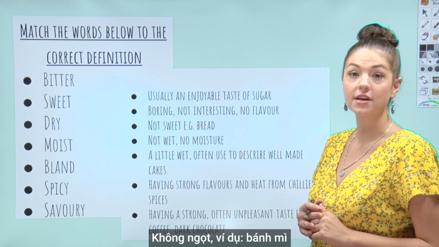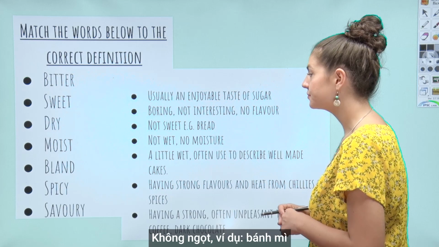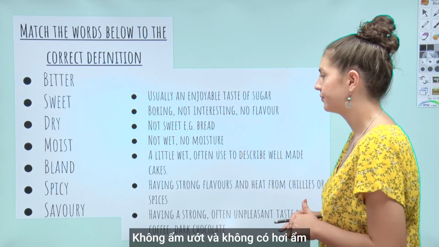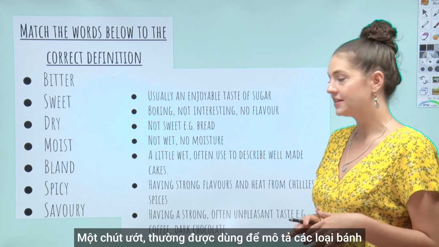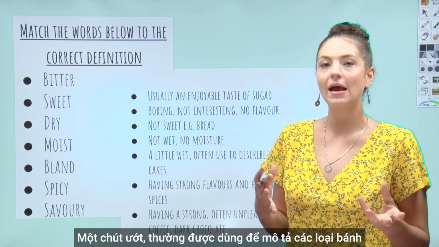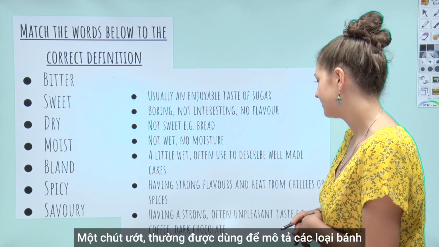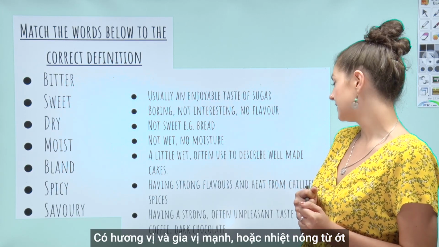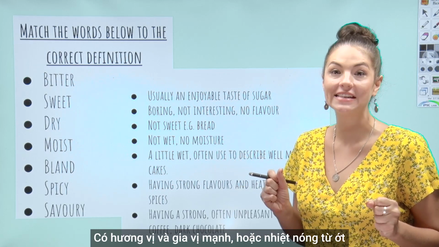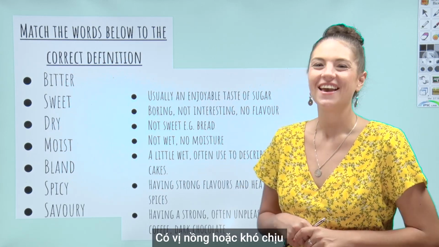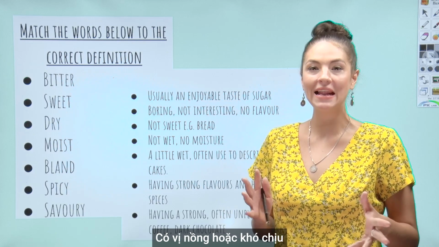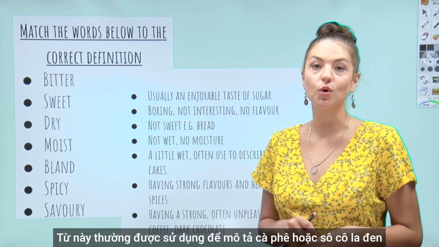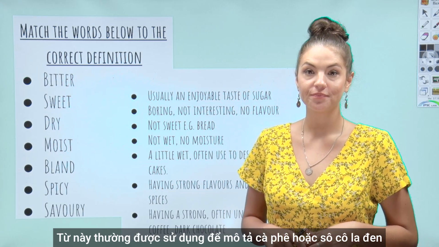Not sweet, for example, bread. Not wet, no moisture. A little wet, often used to describe cakes. Having strong flavours and spices, or heat from chilies. Having a strong or unpleasant taste. This word is often used to describe coffee or dark chocolate.